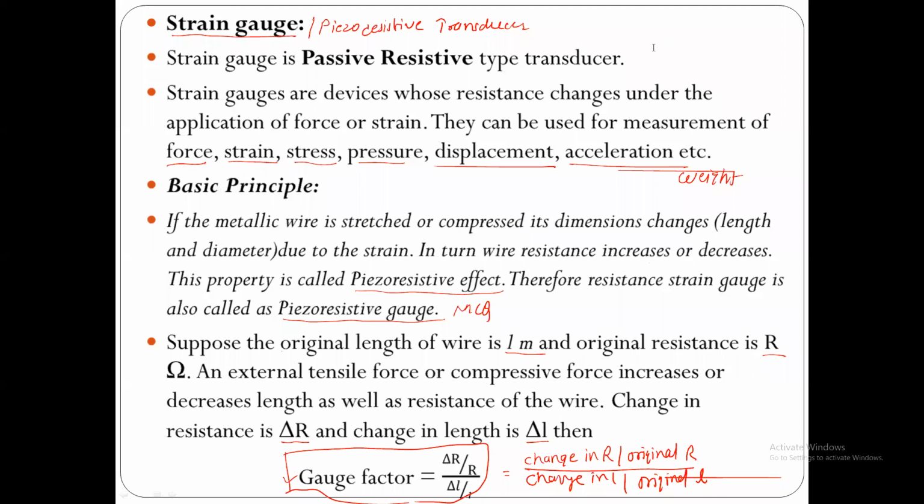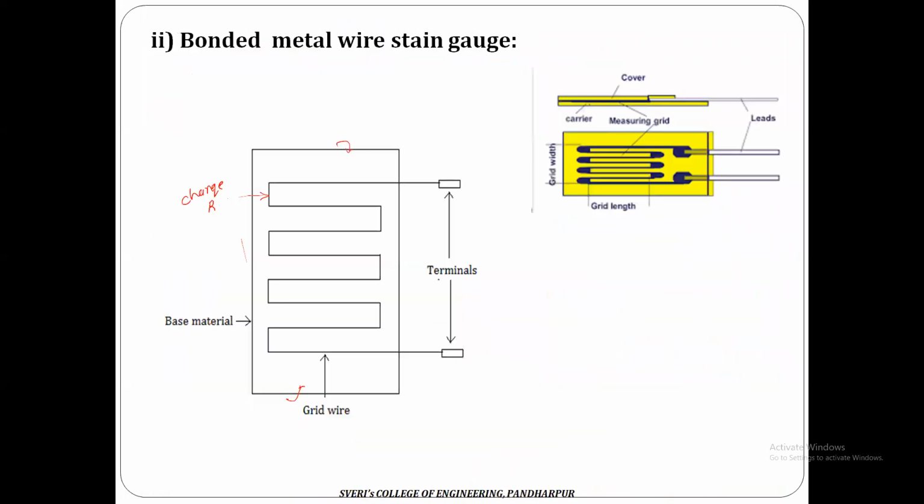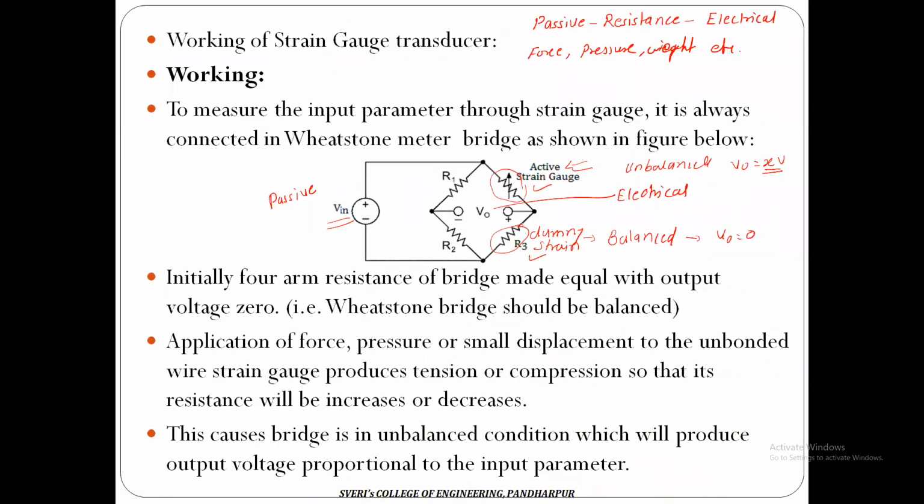the strain gauge is always connected in a Wheatstone meter bridge. In the Wheatstone meter bridge, one side is always the active strain gauge, and another side is the dummy strain gauge, which is required to balance the bridge quickly.